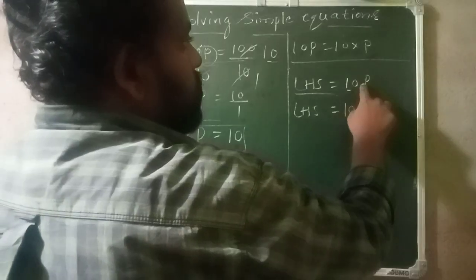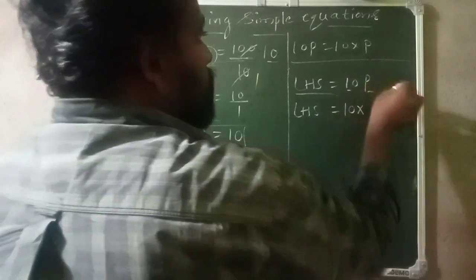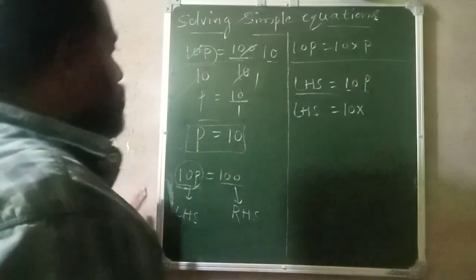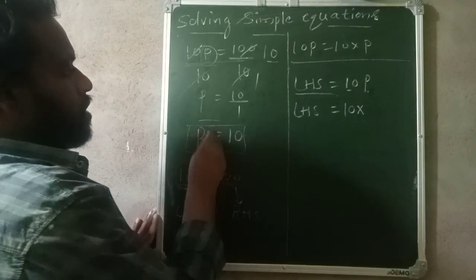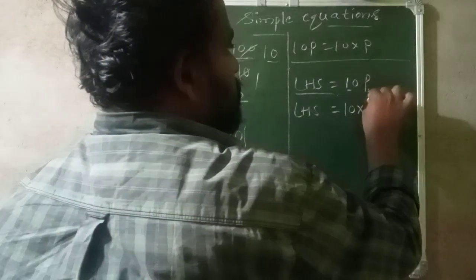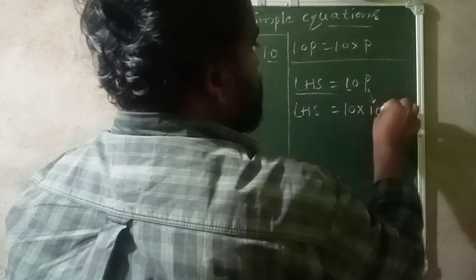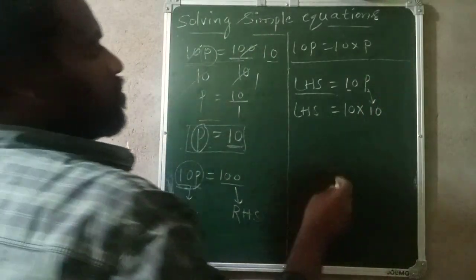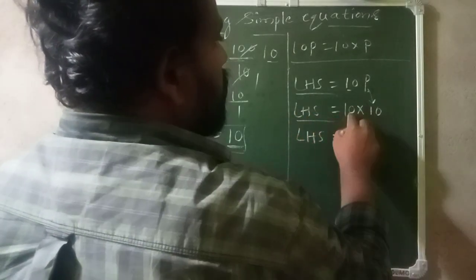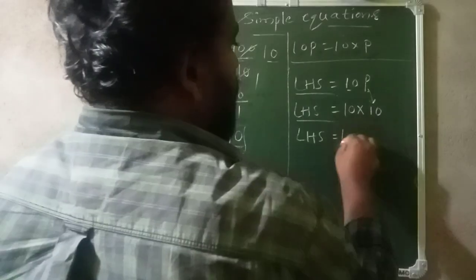So after 10, I will write into p. Substitute the value for p. We got p is equal to 10, that means the value of p is 10. So in place of p, I am going to write 10. Next step, write LHS is equal to 10 into 10. 10 tens are 100.